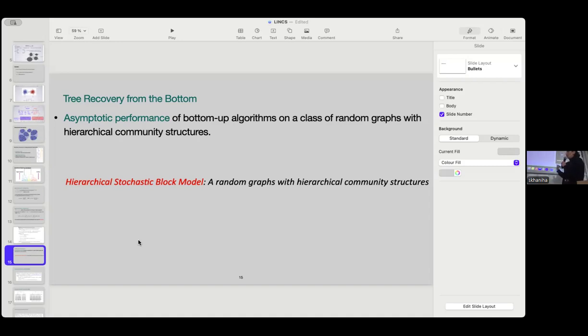So again, we define a random model that contains hierarchical communities, and we try to prove in which cases this model is recoverable and detectable. This time the model is the hierarchical stochastic block model. It's similar to the previous one, but the previous one had different communities that did not contain hierarchy. This one also contains hierarchy.